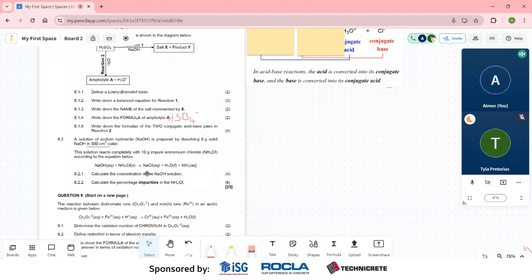It's saying that everything reacts completely. It's just that your ammonium chloride was impure. So you need to determine how much reacted based on the number of moles that you just calculated for NaOH.